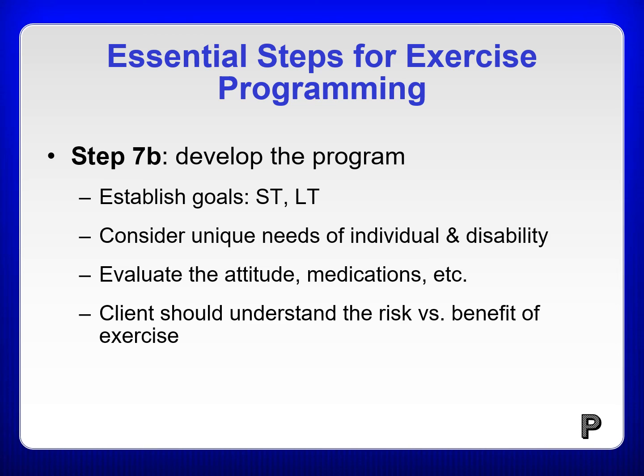You're going to develop the program with short-term and long-term goals, evaluate what kind of medications that person is on to make sure that you understand completely and the client understands the impact of medications on their exercise response, and they need to understand the risks and the benefits of exercise. This is the P, the plan, the program.